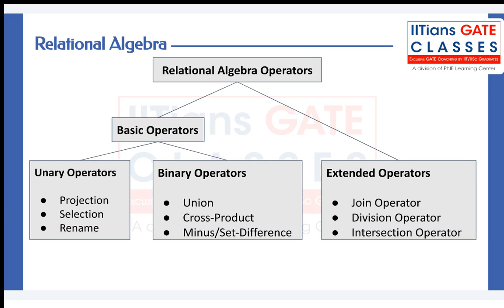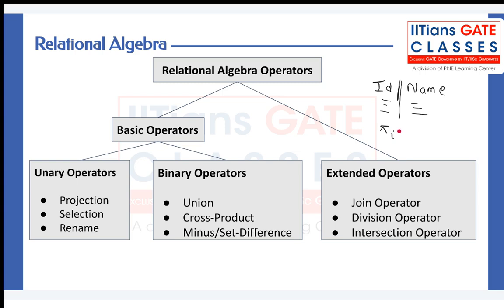So, what is the projection operation? What does it do? For example, let's say I have a table like this, with ID and name, and it has some set of IDs and some set of names.